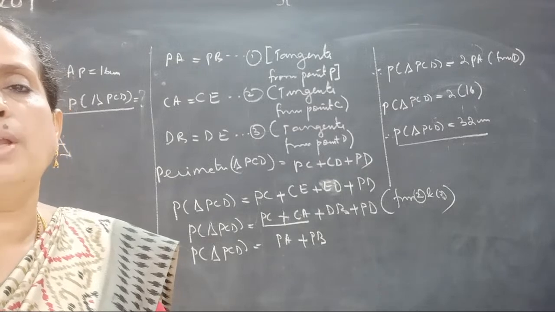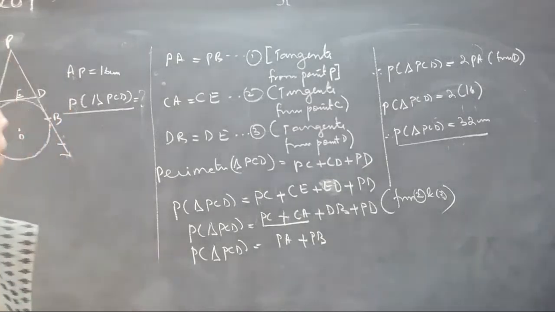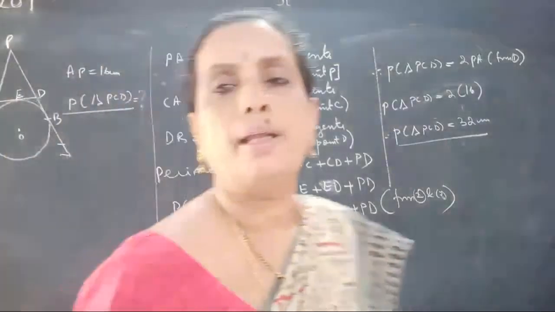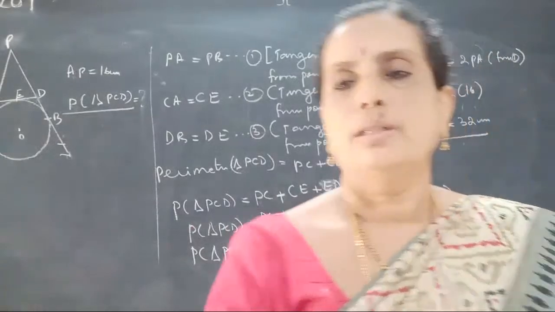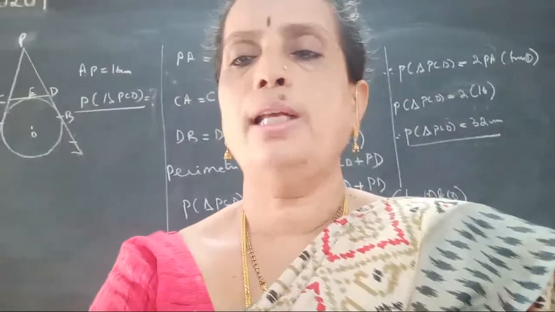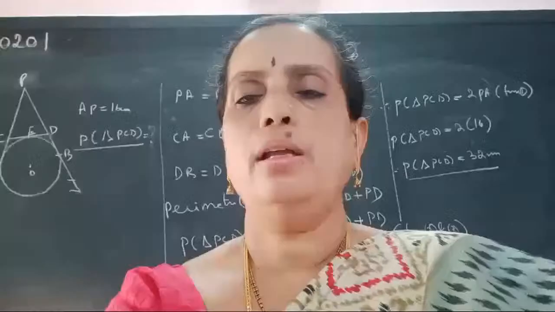This is how we can relate the tangent from an external point with respect to the perimeter drawn to it. Is it clear? I hope that you all are clear with this concept. Okay?